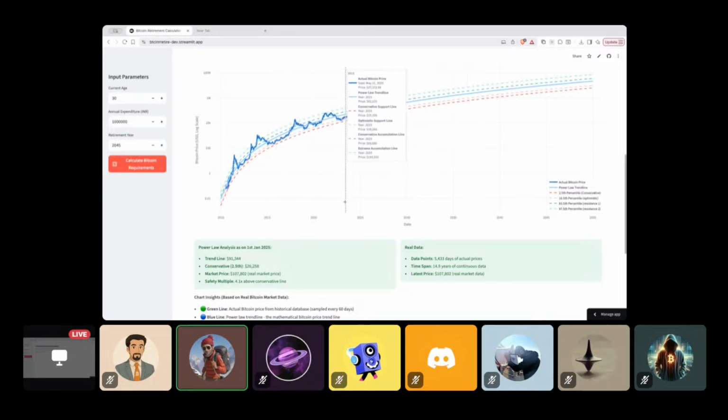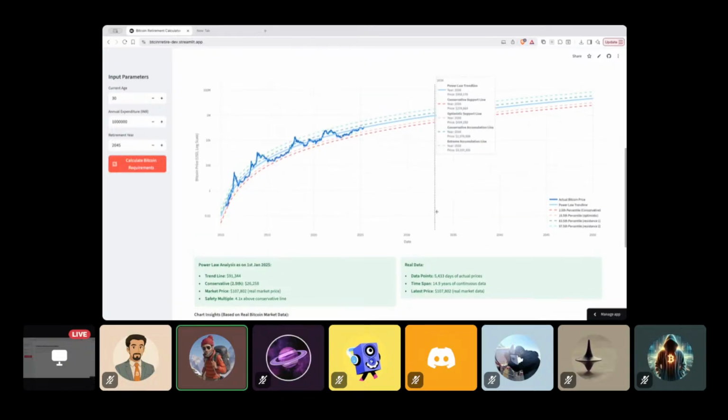A basic explanation is that if you look at Bitcoin's price in log scale, you can find a certain orderliness or pattern that price action has, and it can be modeled using something called the power law.